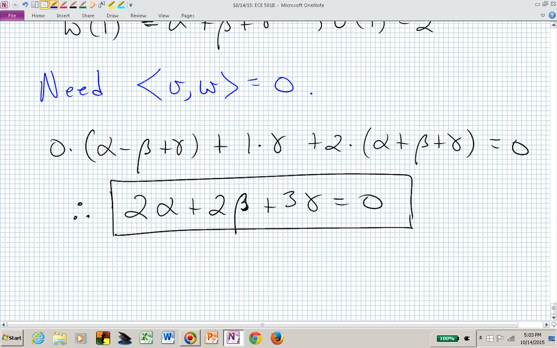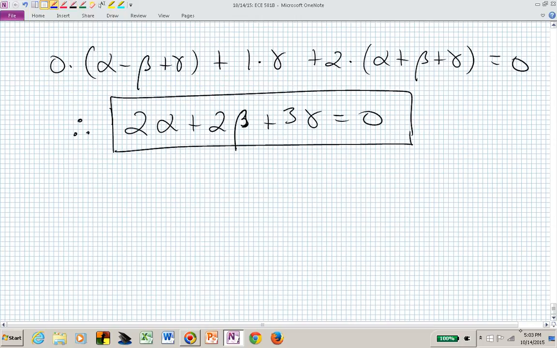Now what do we do? Now we have 3 unknowns in one equation. We have quite a few possibilities, don't we? In fact, we can find a lot of second-order polynomials that are orthogonal to that particular V of t.